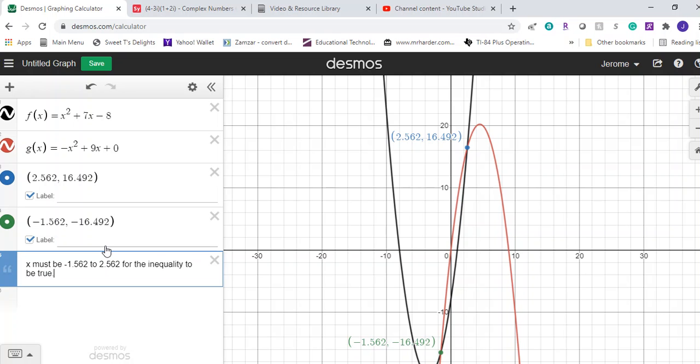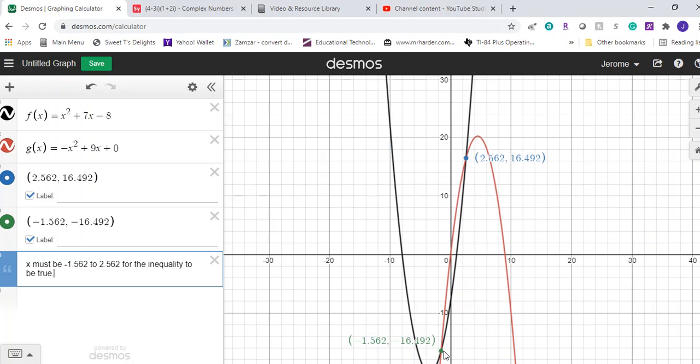So basically what I'm saying here is that x must be this value to this value here in order for that inequality to be true.